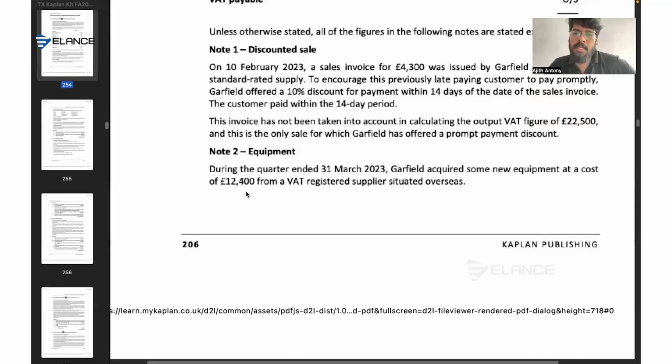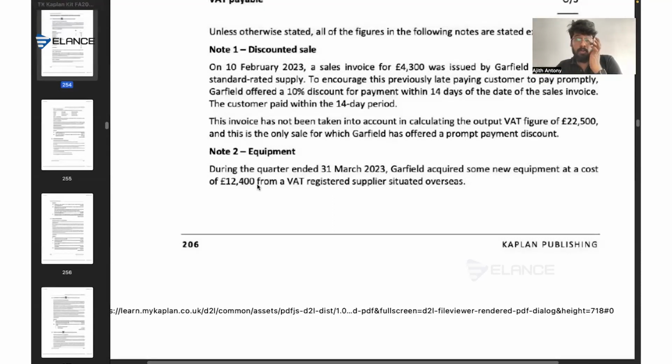During the quarter ended 31st March 2023, Garfield acquired some new equipment at a cost of 12,400 from a VAT registered supplier situated overseas. Actually here they are purchasing an equipment.